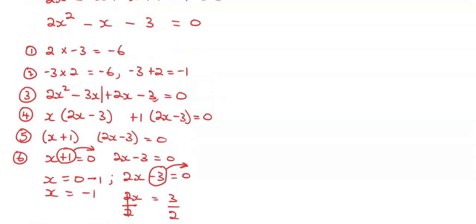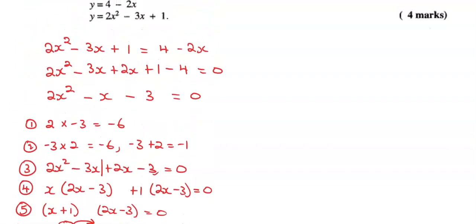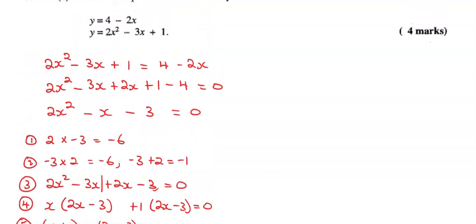Alright, so let's just scroll back up just a little bit. And we're going to find our y values. Now remember, x is equal to -1 and x is also equal to 3 over 2, or as we said, 1.5. So how are we going to get the y values, guys?